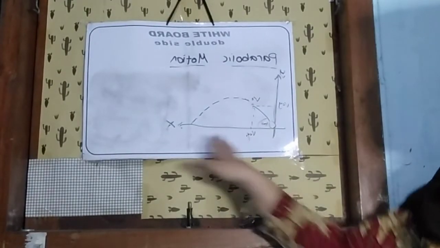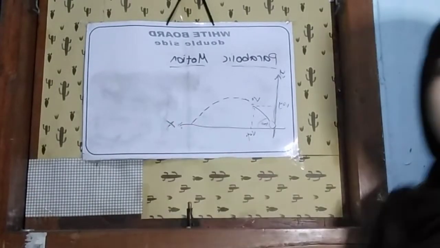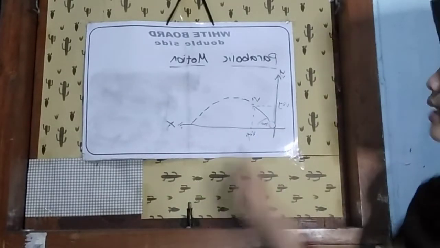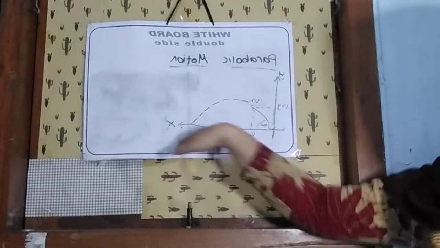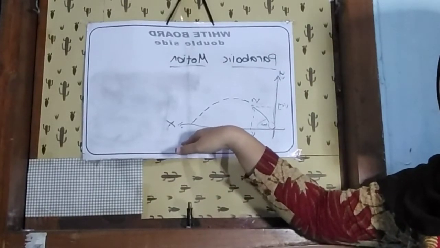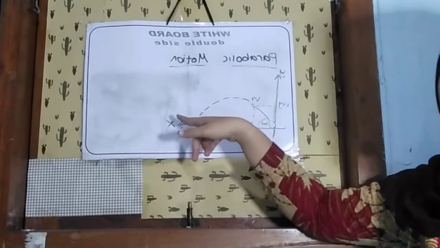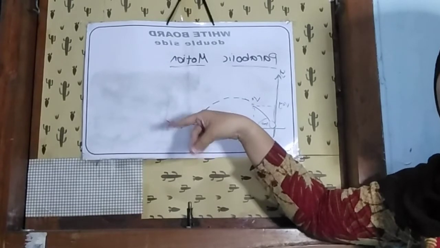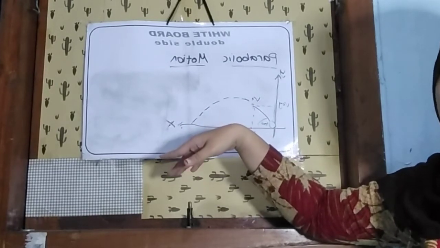And how about the x line? You remember that on the x line we apply GLB, which means the speed on the x line is constant. If on the y line the speed was Vy, on the x line it is constant.